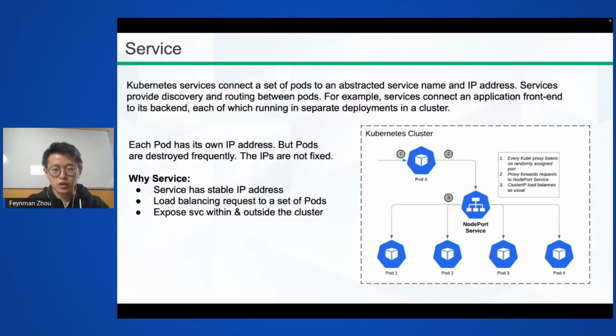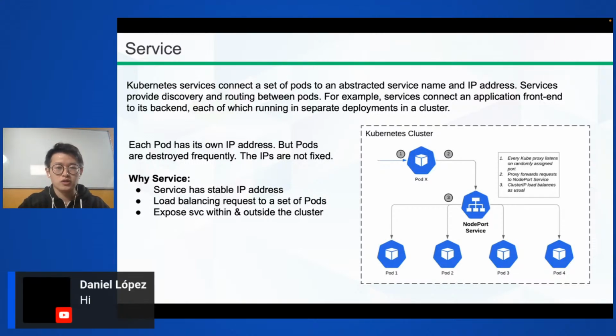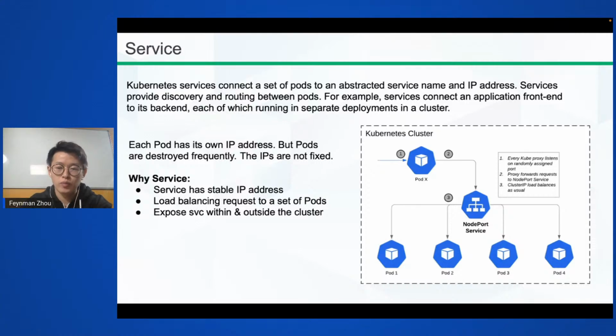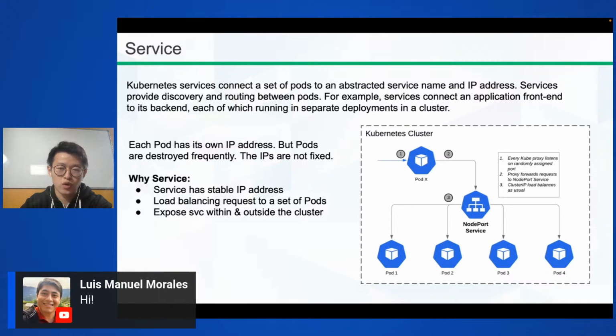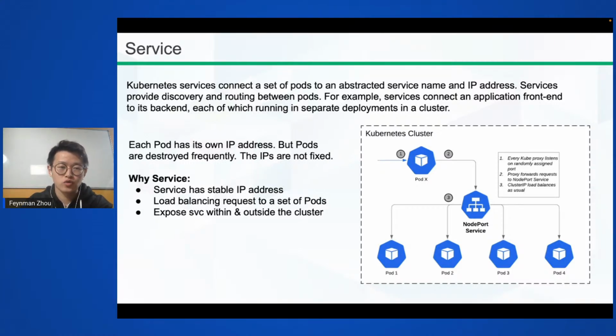If you want to expose your deployment or your workload to the outside, and you want your customers to access it, you are going to create a service and proxy your service requests to your backend pods. Sometimes we have multiple pods, so we need a service to proxy the customer requests to those pods. Generally speaking, a Kubernetes service connects a set of pods to an abstracted service name and IP address.